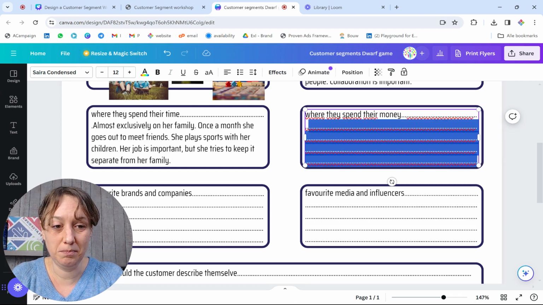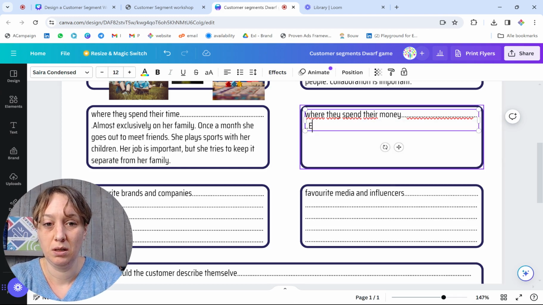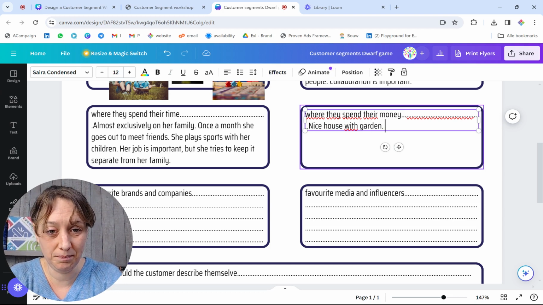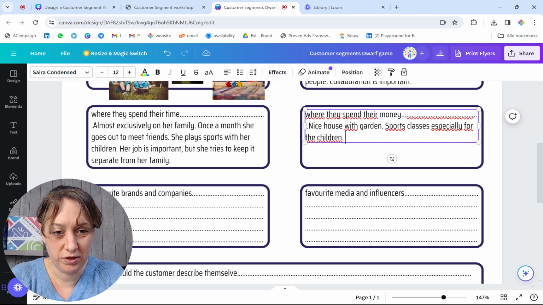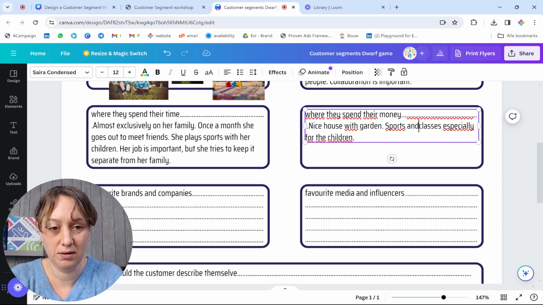Where do they spend their money? Well, they spend their money on a nice house with a garden for the children to play in, sports classes, especially for the children, and sports and creative classes, I would say.